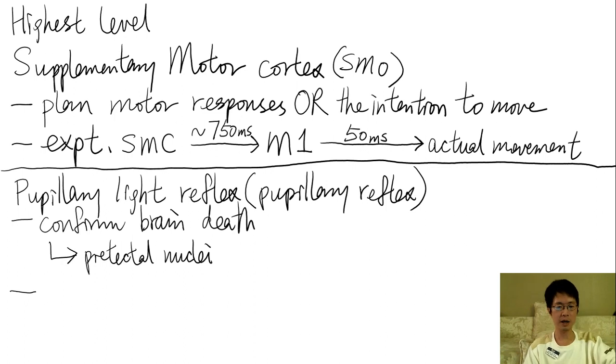I'll give you 5 seconds to take a guess, or you can use your cell phone flashlight to do this on your family member or significant others. 5, 4, 3, 2, 1. Okay, time's up. The answer is that pupillary light reflex, theoretically on a healthy individual, is bilateral.